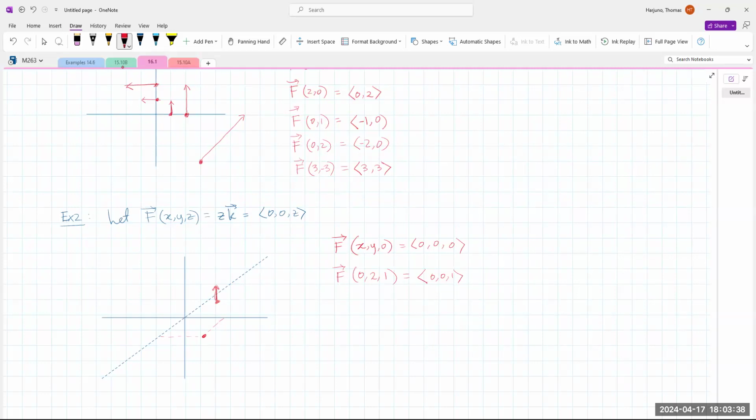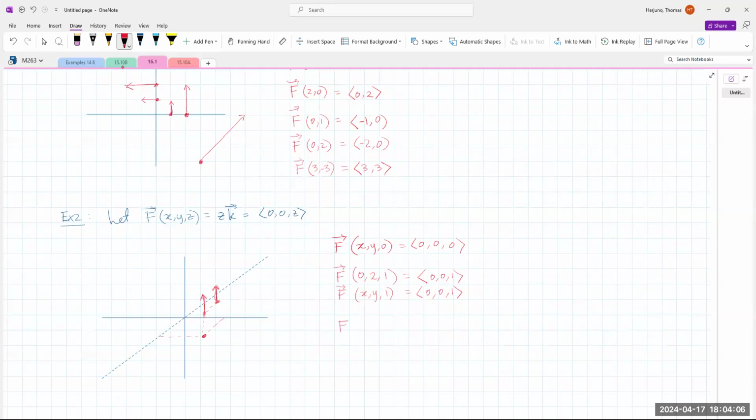In fact, that's the case for every (x, y, 1). As long as you are 1 unit above the xy plane, then you will be pushed up 1. Okay, even if you are here, let's say, right? Still pushed up 1.